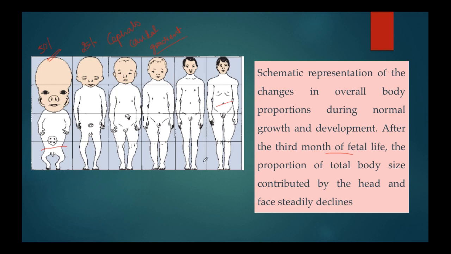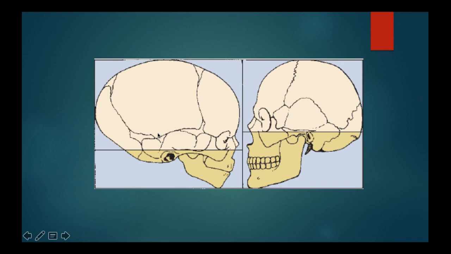But when the growth is complete, their proportion increases to approximately 50% of the body. So as we move down towards the feet, there is an increasing gradient of growth. Now this gradient is known as the cephalocaudal gradient.